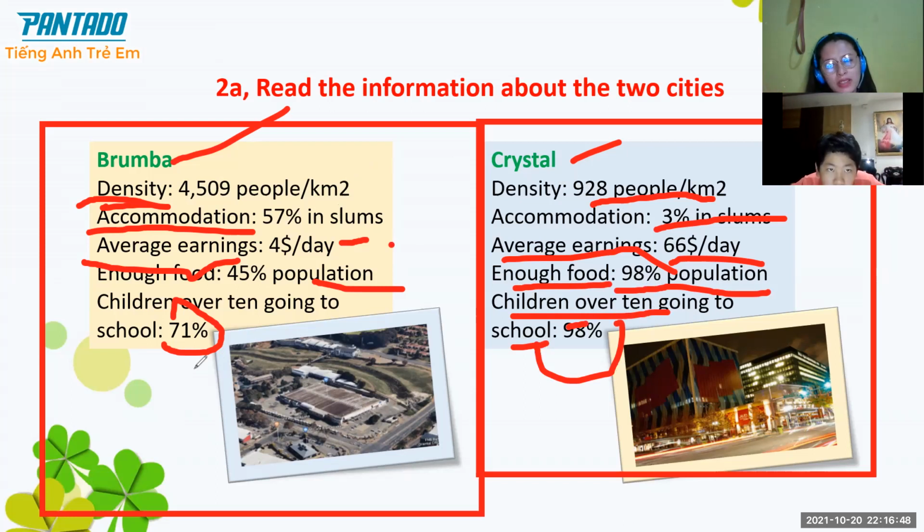So based on the comparison, which city is more progressive? Which city is more progressive for you? Is it Bromba or Crystal? More progressive means they are high-tech enough.